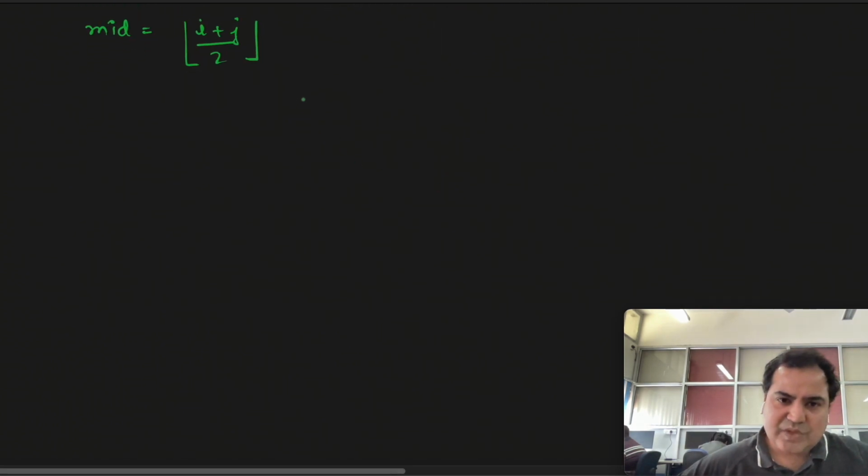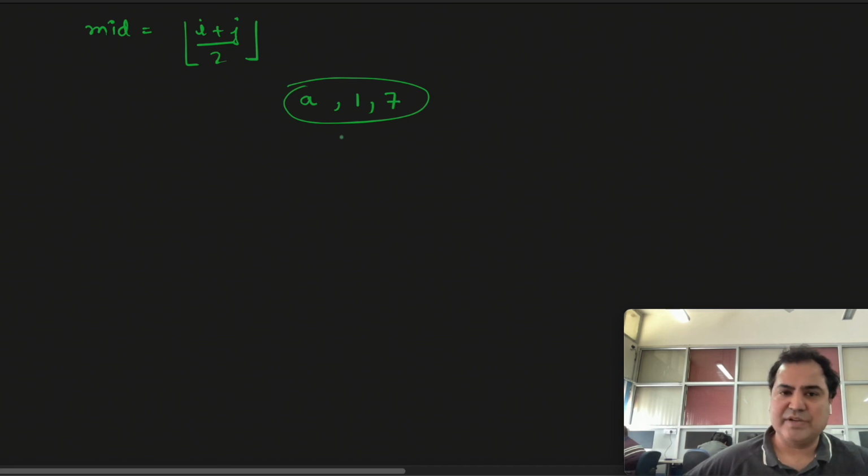We have an array with starting element 1 and ending element 7. Now I have divided it till mid, which in this case is 4.